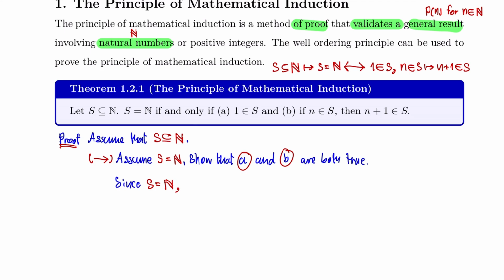Since S is the set of natural numbers and 1 is already in the set of natural numbers, this means that 1 will be in S. Okay, so A is true, right? A is true, because 1 is in set S already.